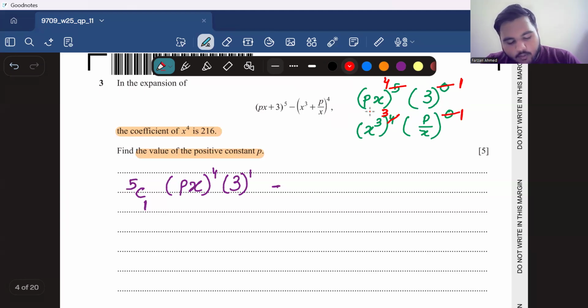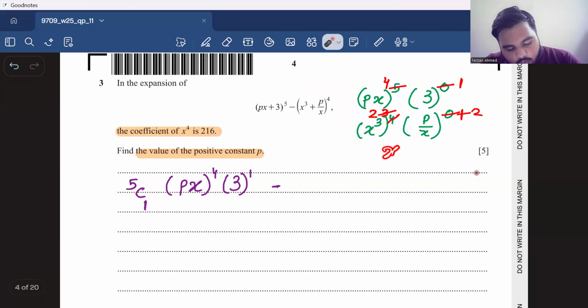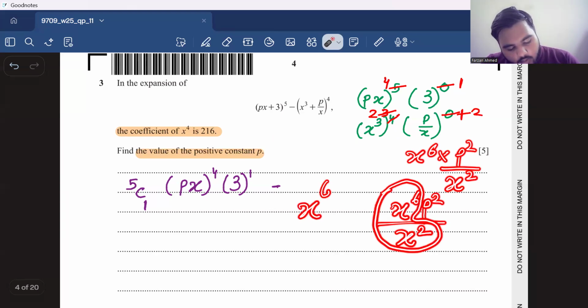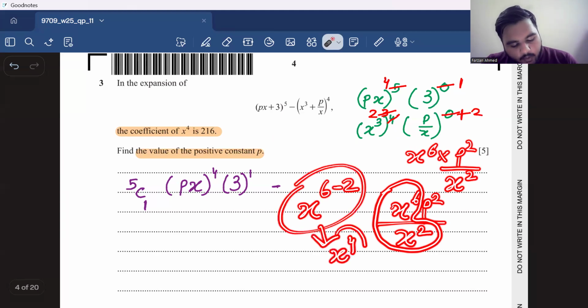And when we deduct, it will become 2, and from here it will become 2. So this will be x raised to power 6 multiplied by p squared over x squared. From the rule of indices, x raised to power 6 minus 2 equals x raised to power 4.